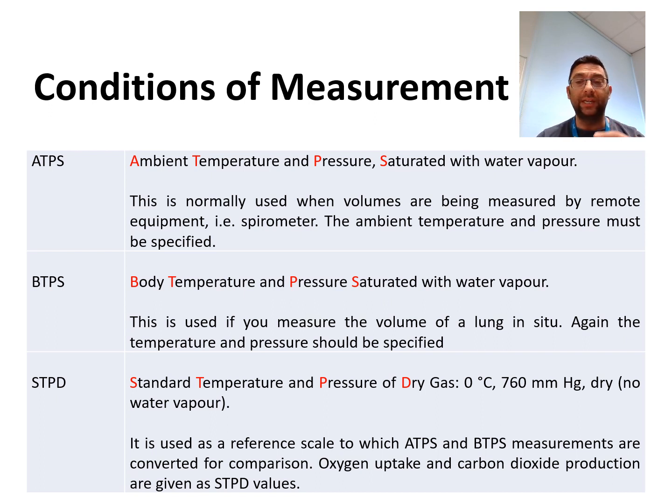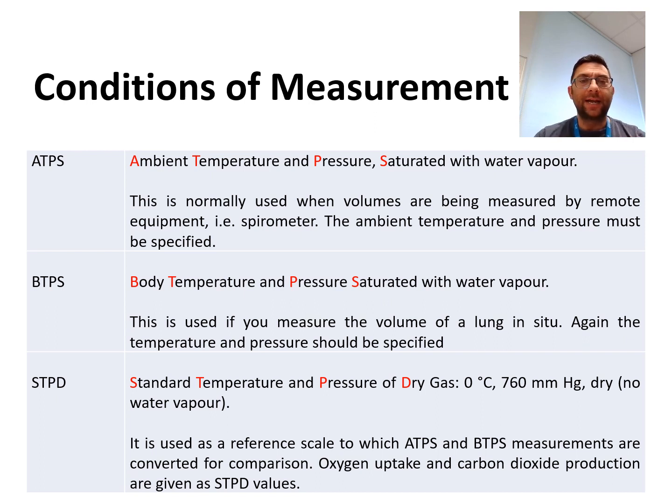But even in really cold, dry weather, it's impossible to freeze the lungs, because as you draw that cold, dry air in, moisture from the respiratory tract and the lungs will heat that gas up, and it will produce moisture within that gas. Okay, and it's this moisture, this water vapor, that we need to take account of. So BTPS, body temperature and pressure saturated with water vapor, and that's used when we're measuring lung volumes in situ. Okay, so from within the lungs themselves.